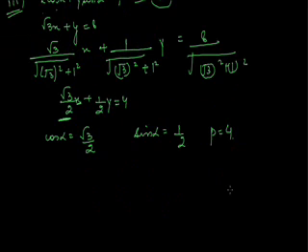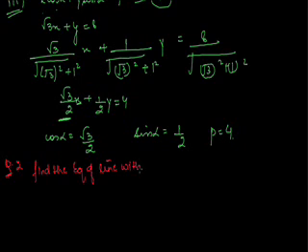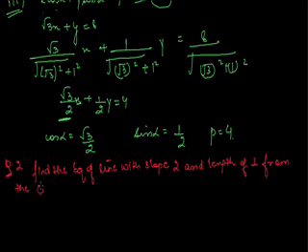Now again we'll do one more question to make it clearer. Question number 2: find the equation of the line with slope 2 and length of the perpendicular from the origin equal to root 5.